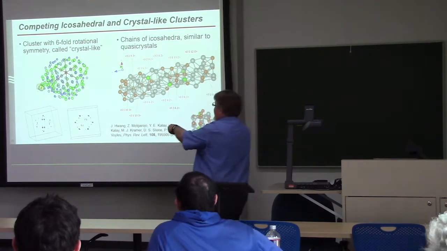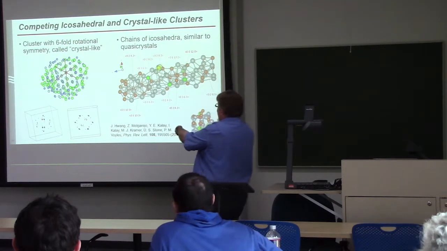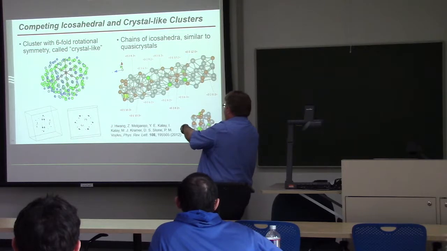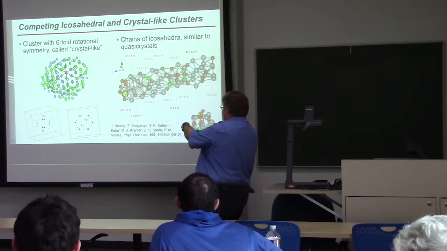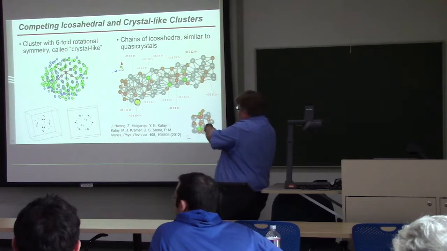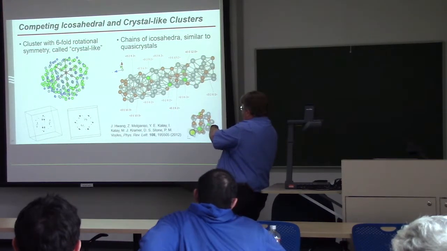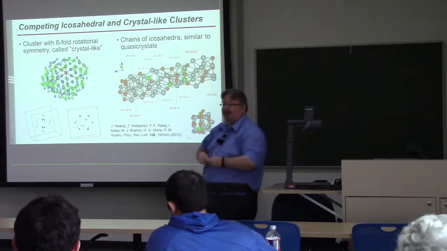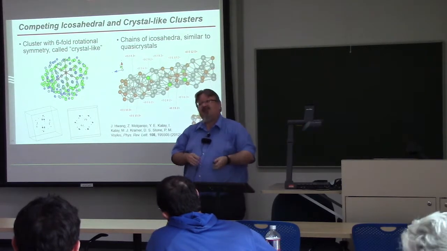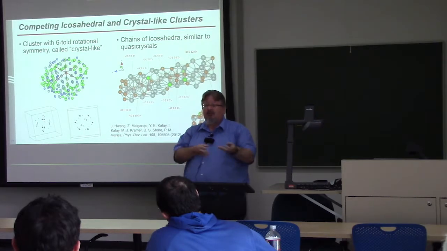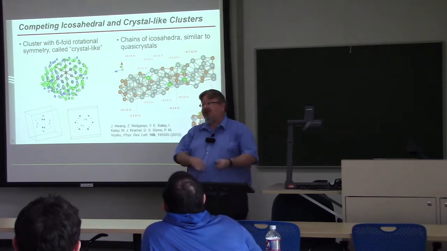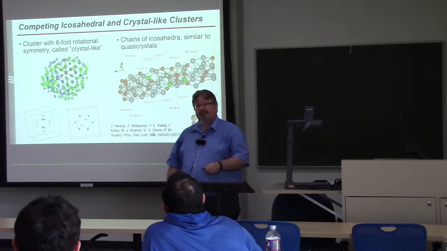And that crystal-like structure competes with icosahedral-like structures, which in our models tend to form chains. We think the reason they do that is that, viewed down the chain axis, the atoms tend to form planes, which is what's doing the diffracting. And these chains of icosahedra are similar to structures that arise in quasicrystals that also give rise to strong diffraction.